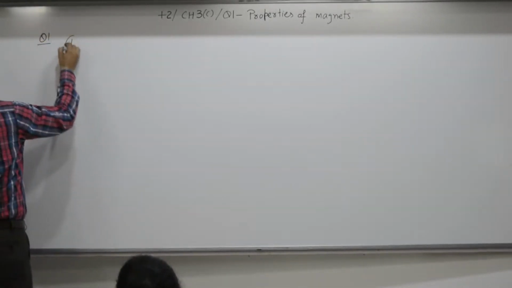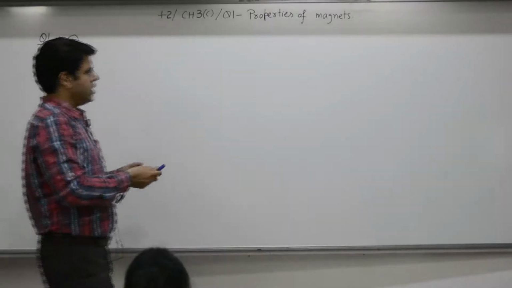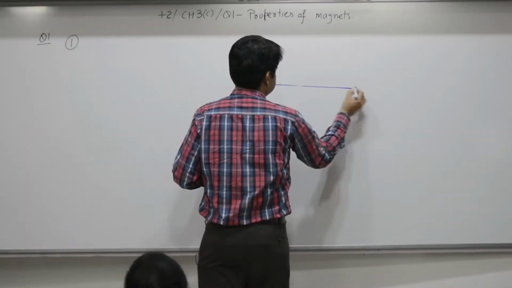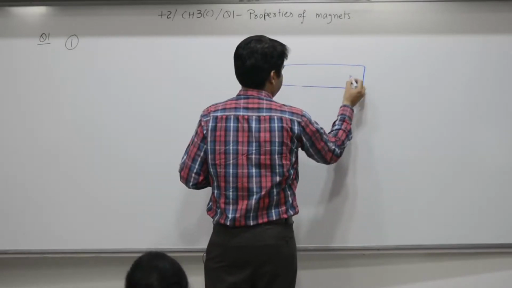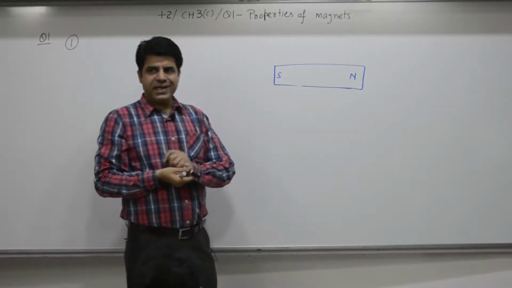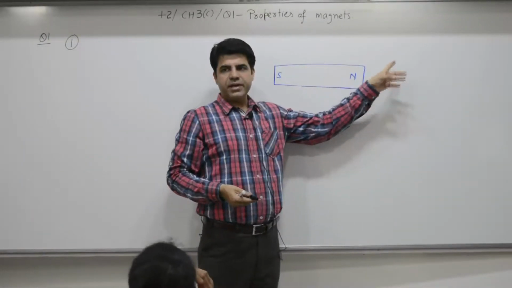First property: you are given a magnet, any magnet, north and south. Do you think the magnetic strength, the pole strength or the magnetic field strength nearby remains the same?